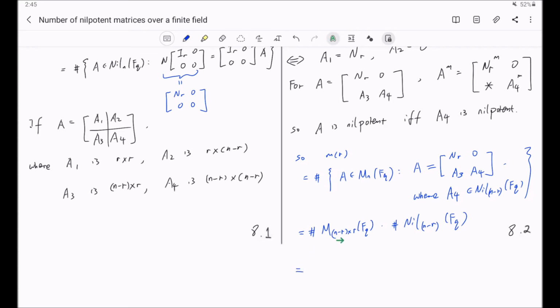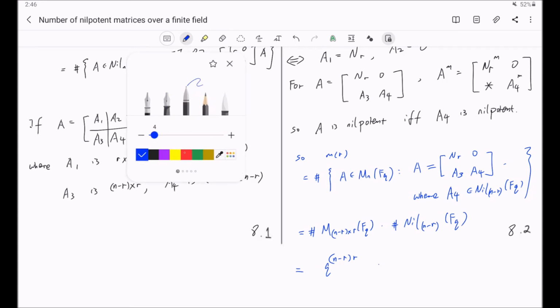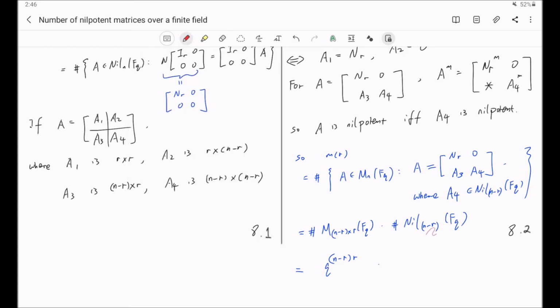And the first one here is q raised to the power n minus R times R. This should be obvious to you. And the second part, what is the second part? For the second part, we're going to use our induction hypothesis.